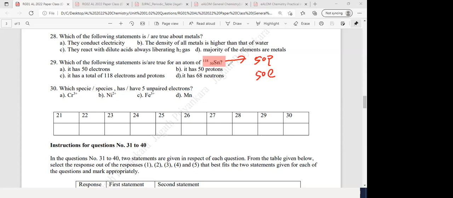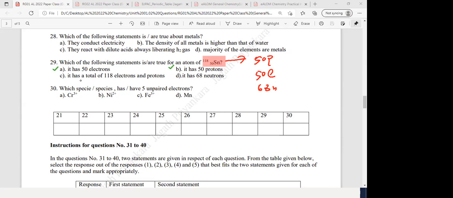You get 68 neutrons, no? Then let's see the answers now. It has 50 electrons, correct. It has 50 protons, correct. It has a total of 118 electrons and protons.